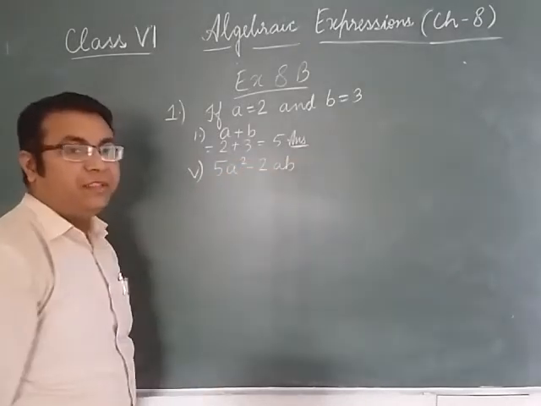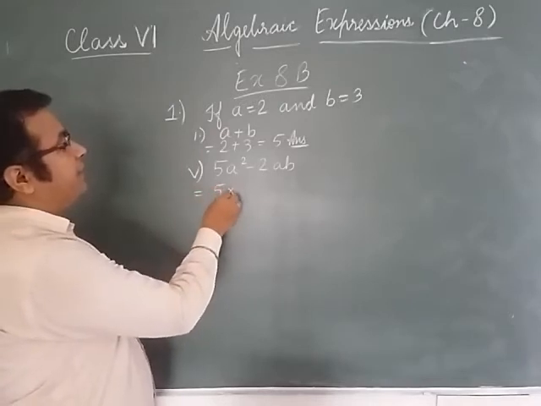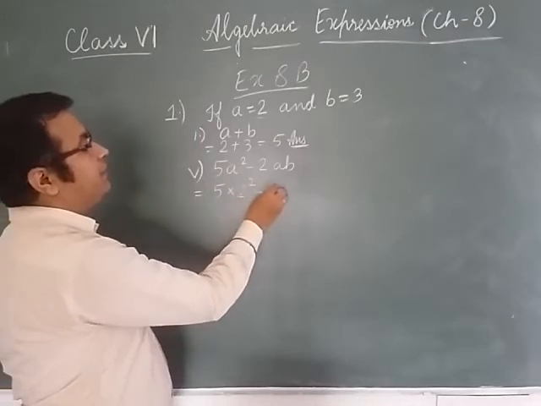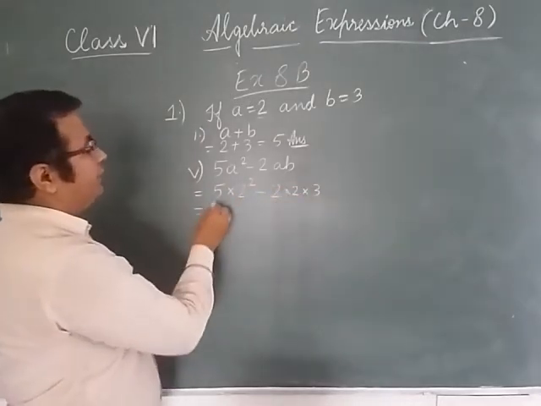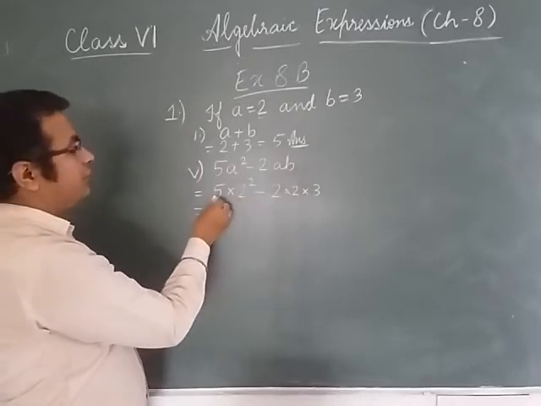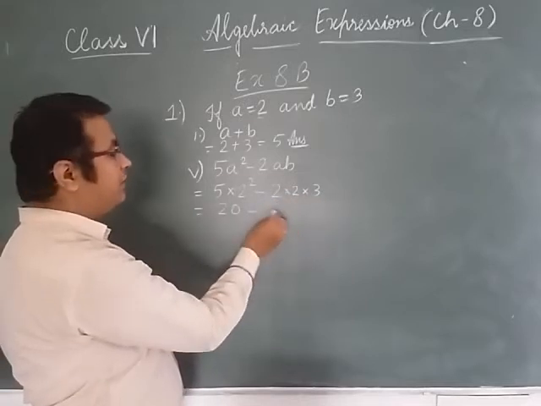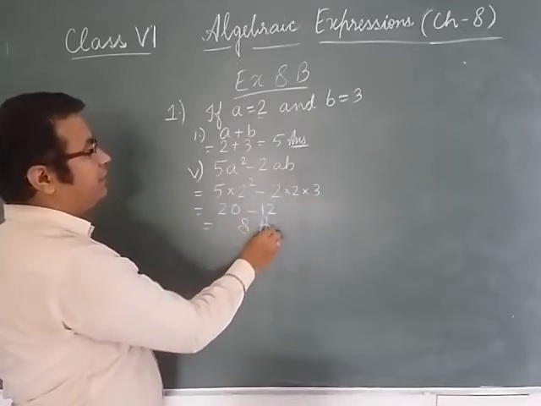Let us put the values of a and b. A is 2, so 5 into 2 square minus 2 into a into b, meaning 2 into 3. 2 square is 4, 5 into 4 is 20, minus 2 into 2 into 3, which is 12. 20 minus 12 is 8, so 8 will be your answer.